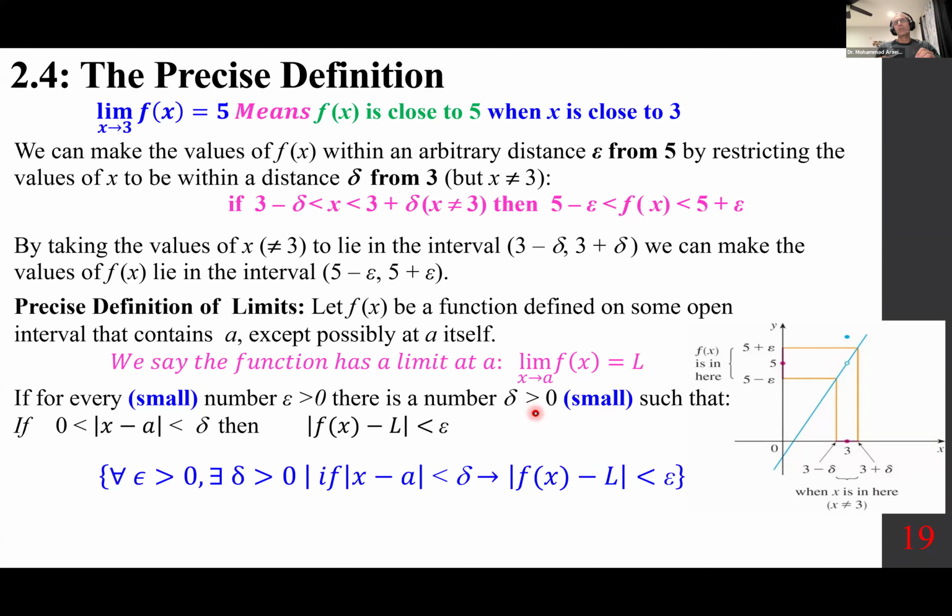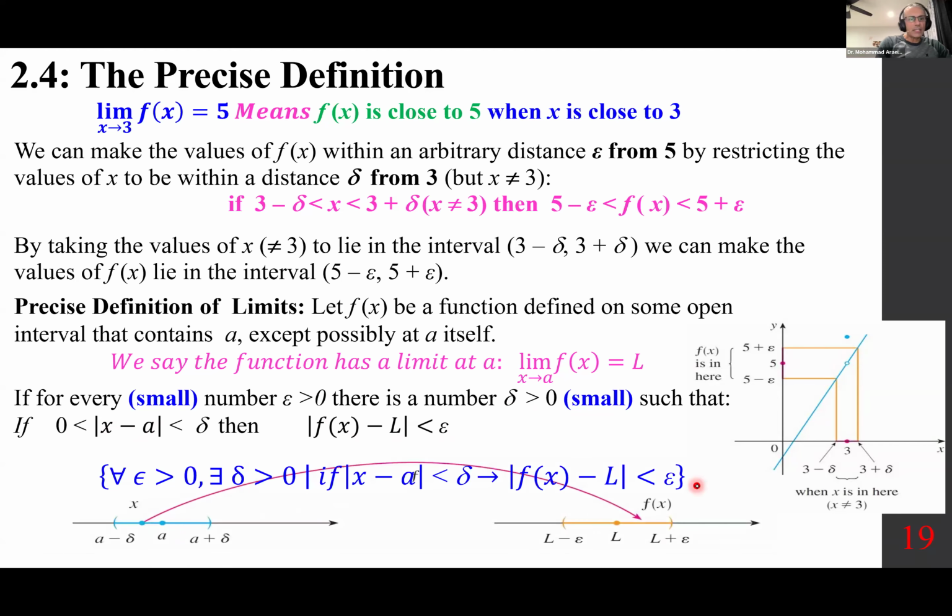Again, delta is a positive number, extremely small, such that if x minus a in the absolute value sense is between 0 and delta, then the absolute value of f of x minus L is less than epsilon. And this is the concept.